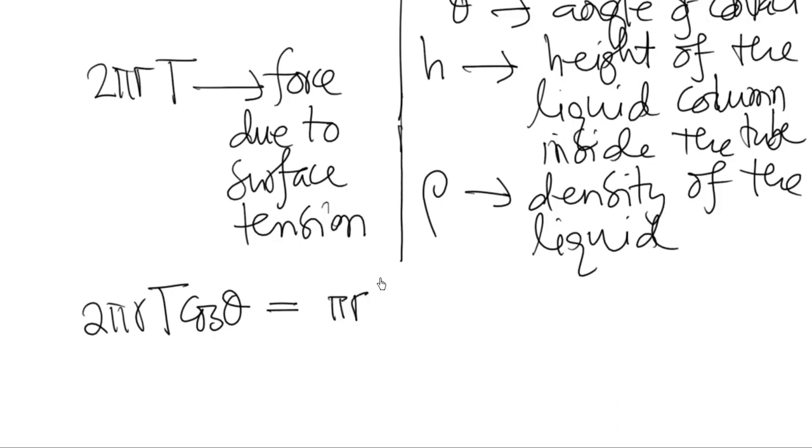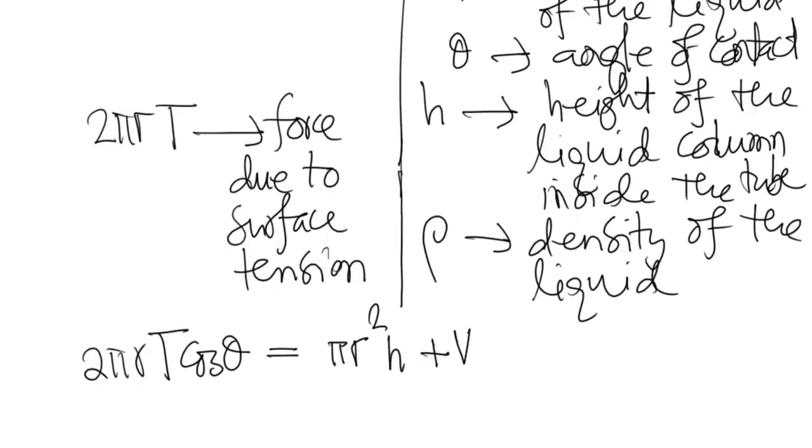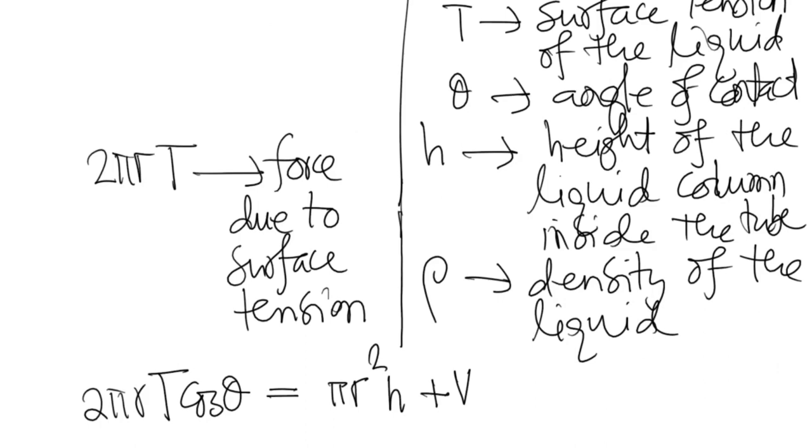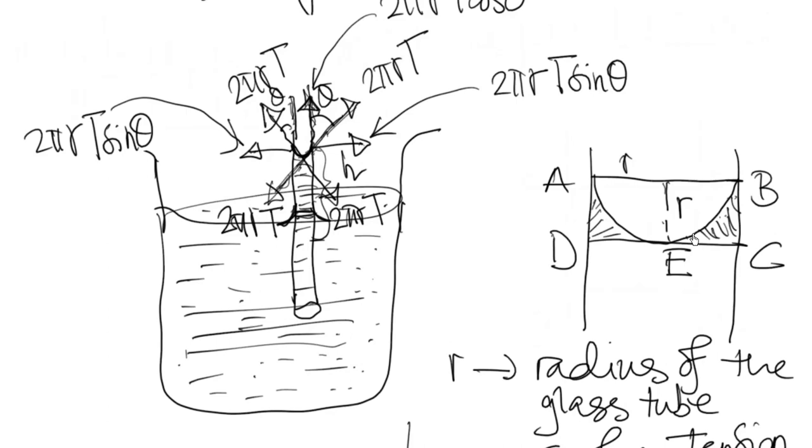So the volume of the liquid column inside the tube is πr²h, and there will be a small volume because of the curved liquid surface here, which we have to add to this. Let us say this volume of the liquid, this portion, is Vc.